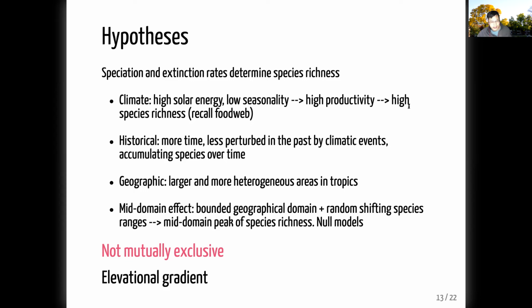From the bottom of the mountain to the top of the mountain, we can observe decreasing species richness too. Some of the hypotheses used to explain the longitudinal gradient can also explain this, but there are other hypotheses to explain the elevational gradient, and we're not going to cover that here.